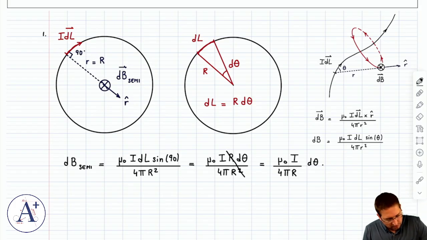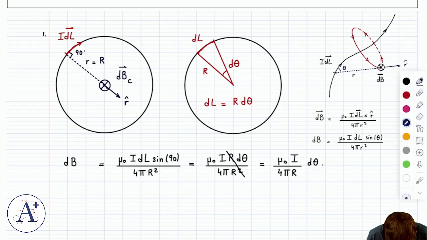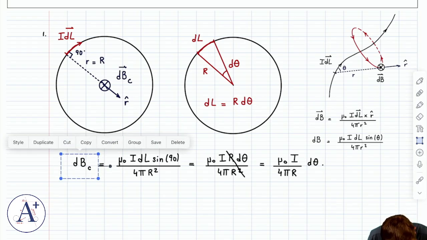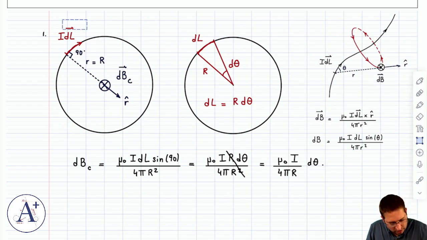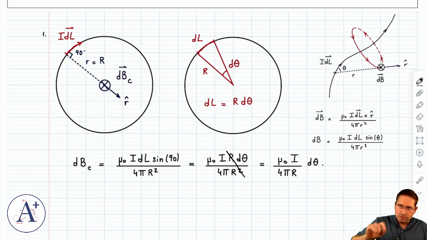I don't know why I called that semi; I'm reading this again, it's not a semicircle. It's a circle. Doesn't really matter, I suppose, but dB sub c, let's call it, for circle, whatever. The point is that this is for one little piece of this circle. I have to integrate over the entire circle to get the contribution from the whole thing at the center.